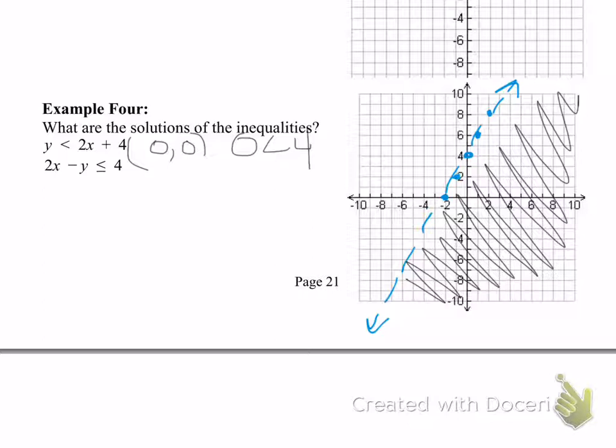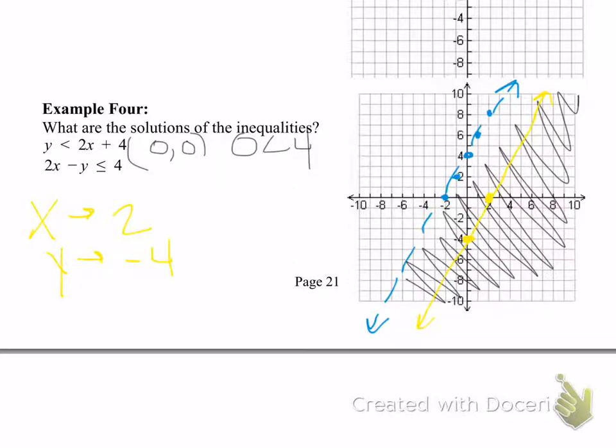Now let's graph our second line. Do this one in yellow. So our x is going to cross at 2, and our y will cross at -4. So we've got one at 2, and we've got one at -4. This is going to be a solid line. Make sure you get your arrows.